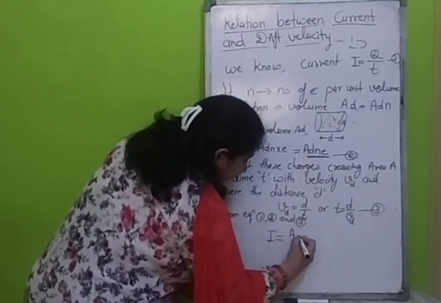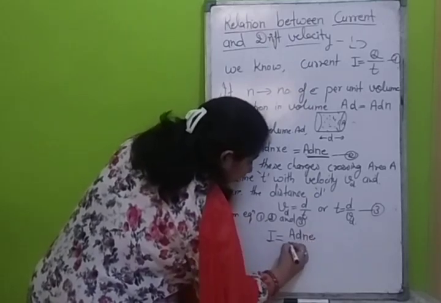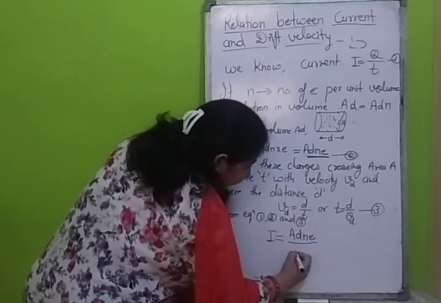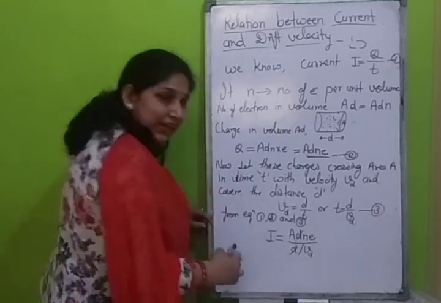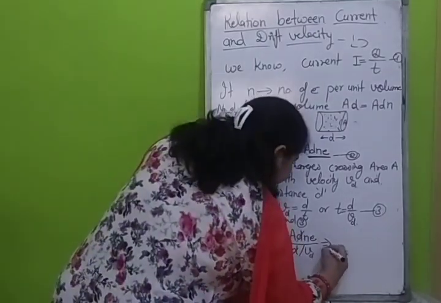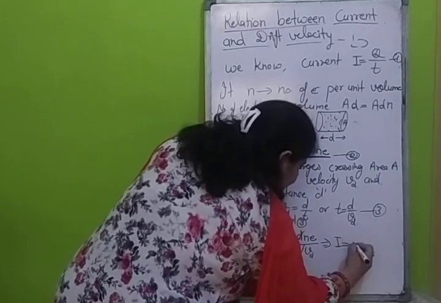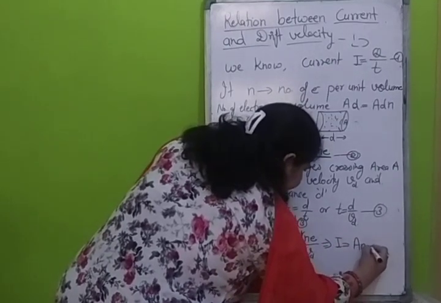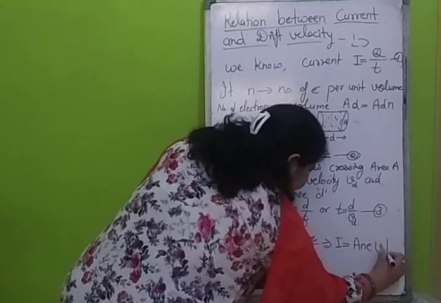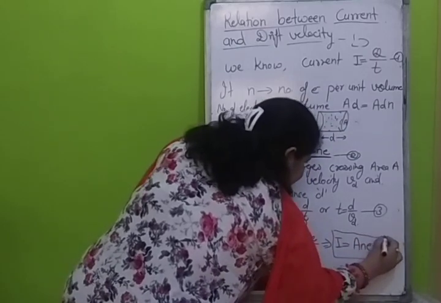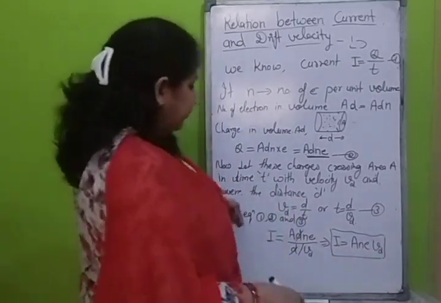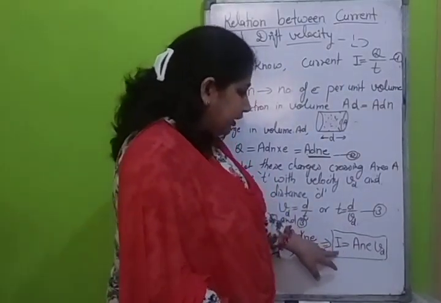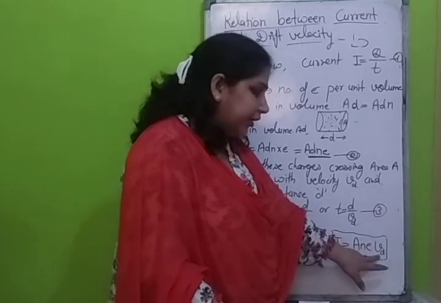What is Q? A d n e upon t. What is t? d upon Vd. d will be cancelled out, and then we have I is equal to A n e Vd. Now this is the relation between current and drift velocity.